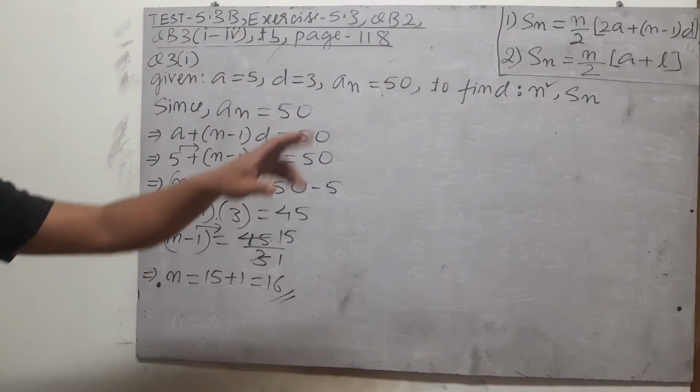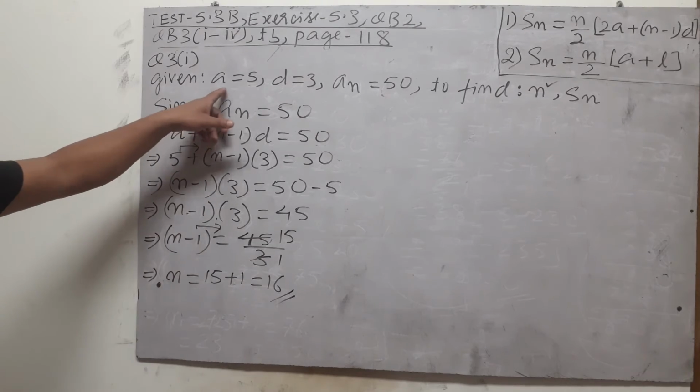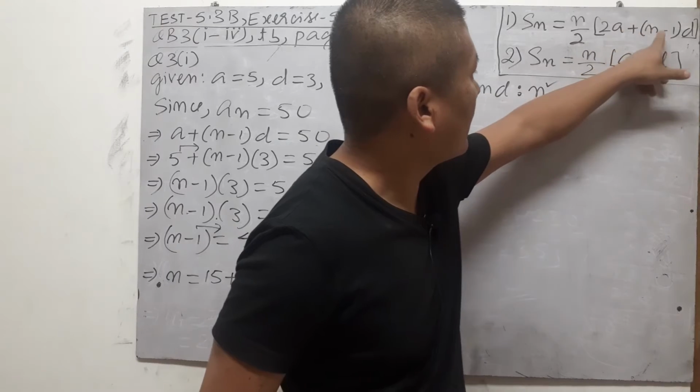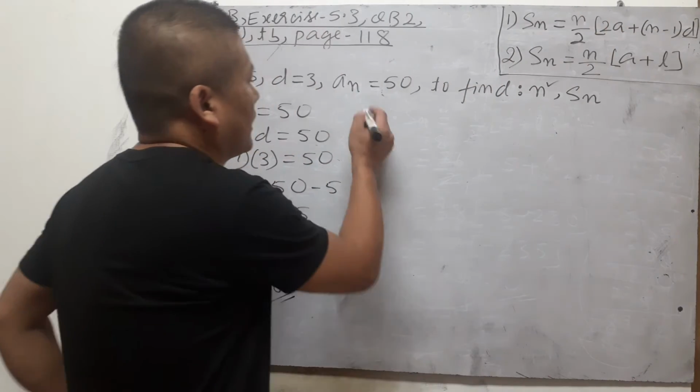Now we need to find Sn, and n, a, d are there. So we can use the first formula.